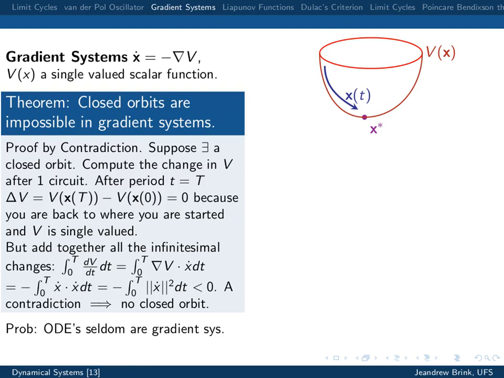Okay, and then the first method I said was basically the idea, if you have a gradient system, in other words, x dot is equal to the gradient of something.